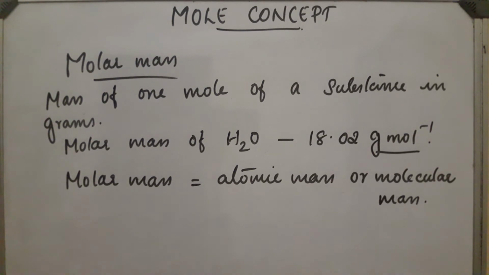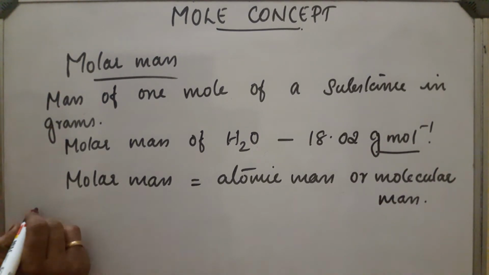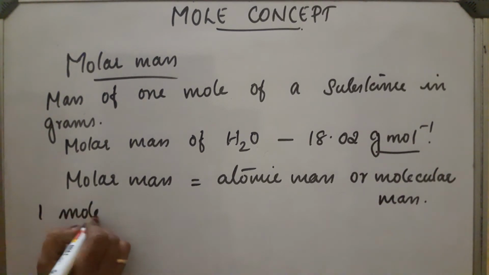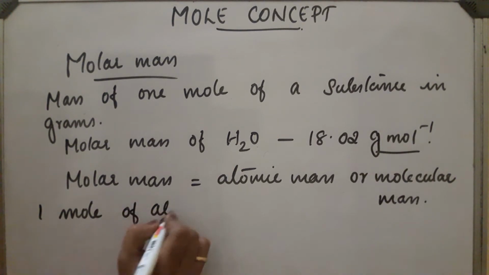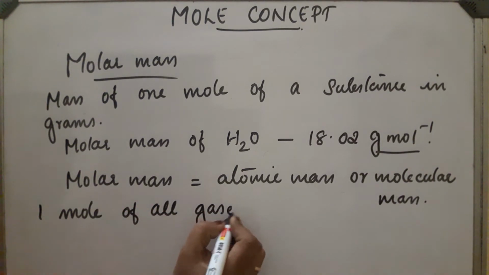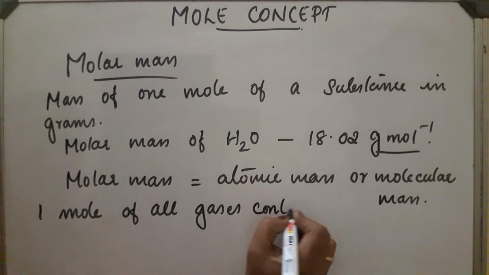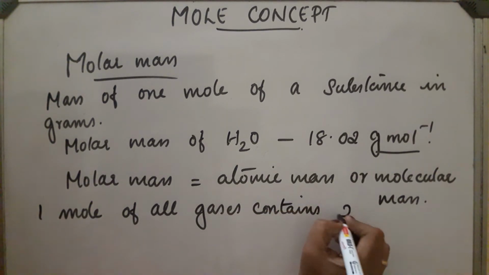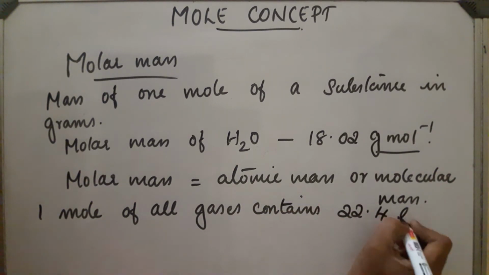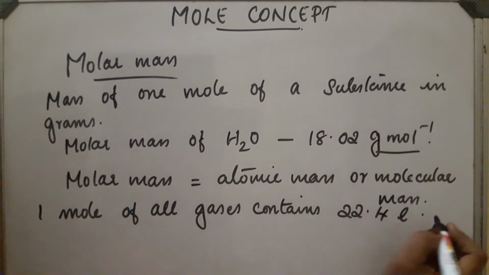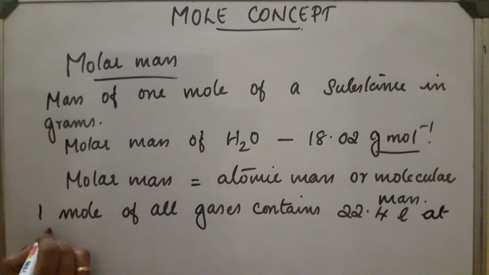Now, some important terms we can determine by using moles. That is, 1 mole of all gases contains 22.4 liters at STP. The condition is important, at STP, that is standard temperature and pressure.